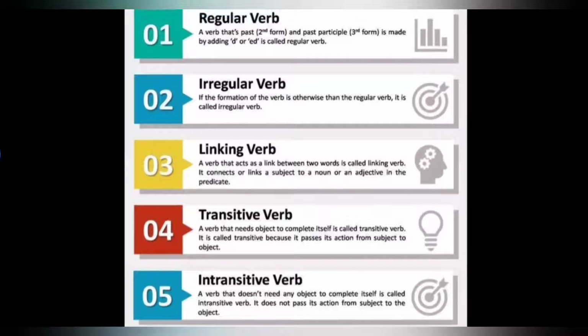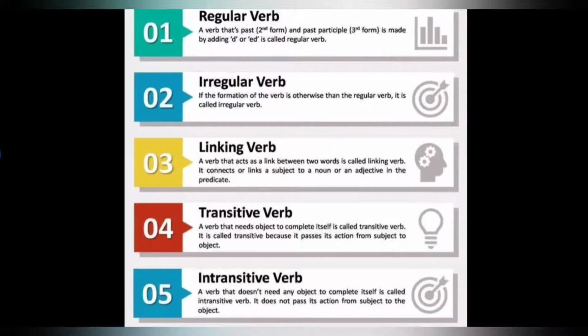So, if the formation of the verb is otherwise than the regular verb, it is called irregular. If we can't make the second form and the third form of a verb by adding d or ed, such words are irregular verbs.